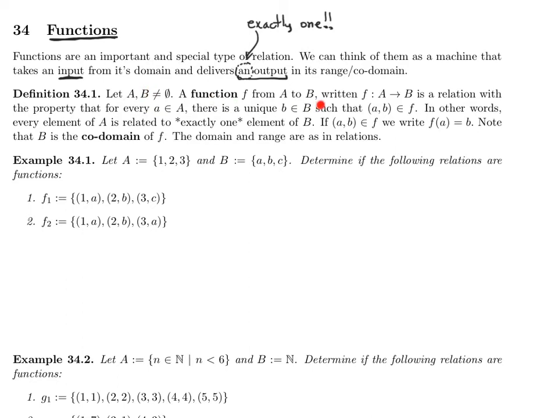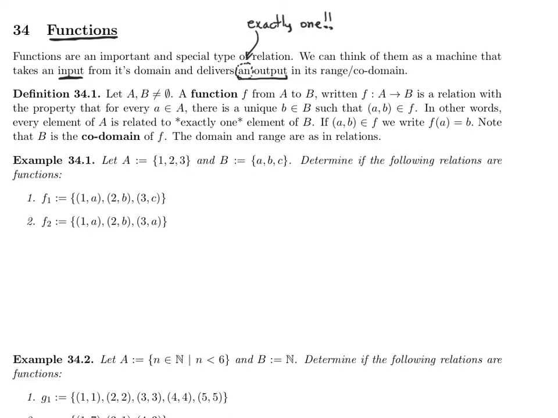We usually write functions as the input A to B like this, with an arrow between them, and we label it with some name. F is a common name for a function. So a function from A to B, we write like this.